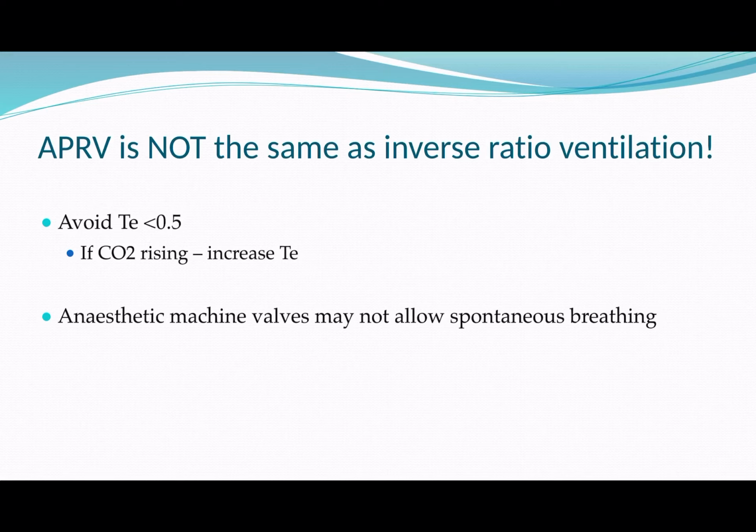By using a very short time low, i.e. the amount of time that it's at a low pressure, you're maintaining the pressure within the lungs and therefore maintaining recruitment. You lose that as you start to extend your TE. And if the anaesthetic machine valves aren't good enough to give you those very short times, you might need to set a slightly higher PEEP level to try and maintain some level of recruitment.